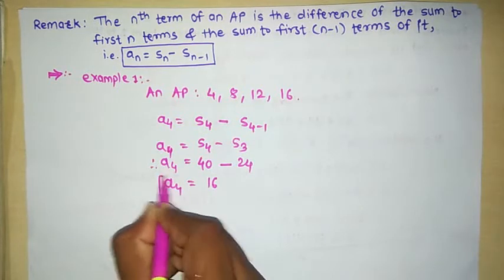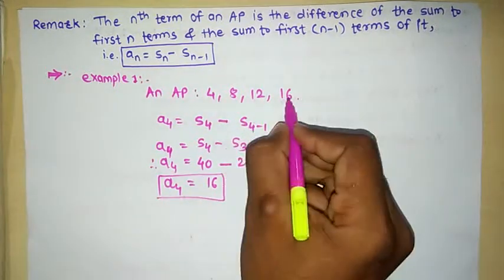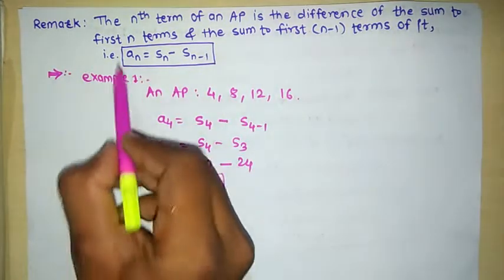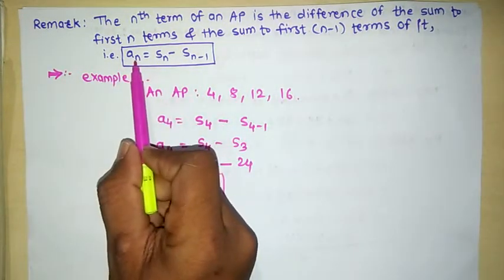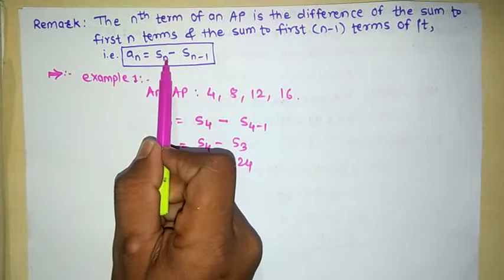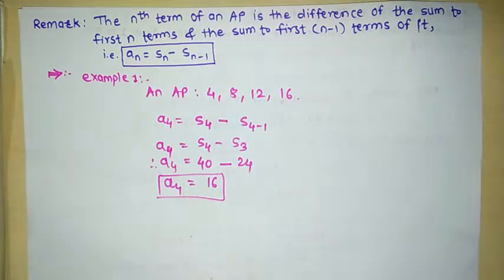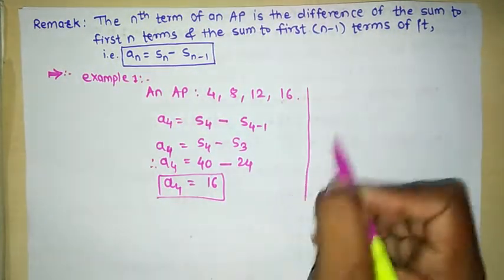We got A4 is equal to 16. This remark explains that the nth term of an AP is equal to the sum of the first n terms minus the sum of the n minus 1 terms.